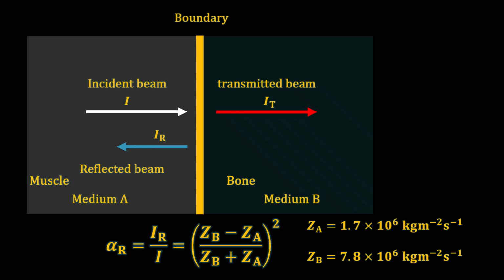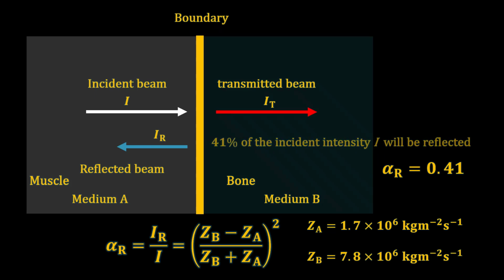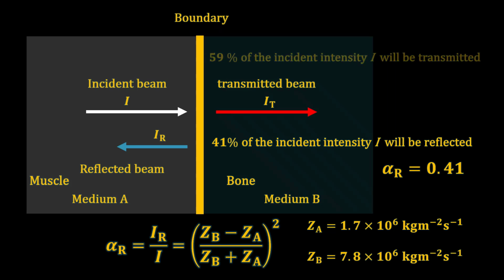In this case, we have alpha R equals 0.41. This means 41% of the incident intensity will be reflected into the muscle, while 59% will be transmitted into the bone.